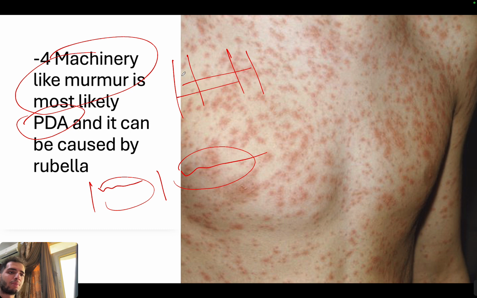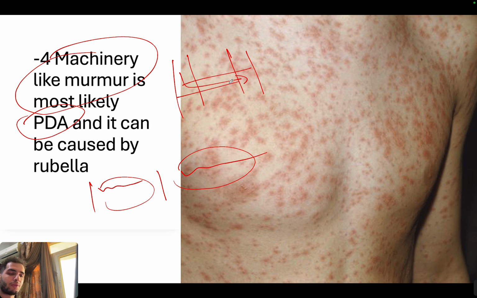So when you hear a murmur, it will always be continuous because it looks like a fistula. When you hear a murmur over a fistula between two arteries, it will also be continuous because it's not related to the heart. So it's not related to systole or diastole, if this makes sense.